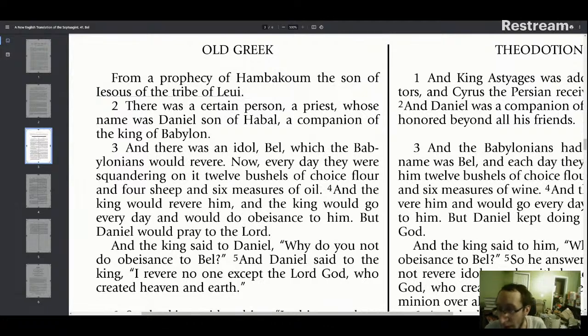It mentions the apocrypha book of Habakkuk. So let me show you guys. One second here. Okay, so let's share the screen.